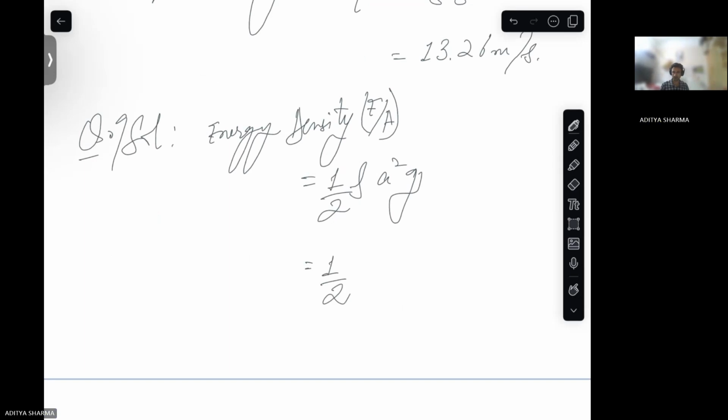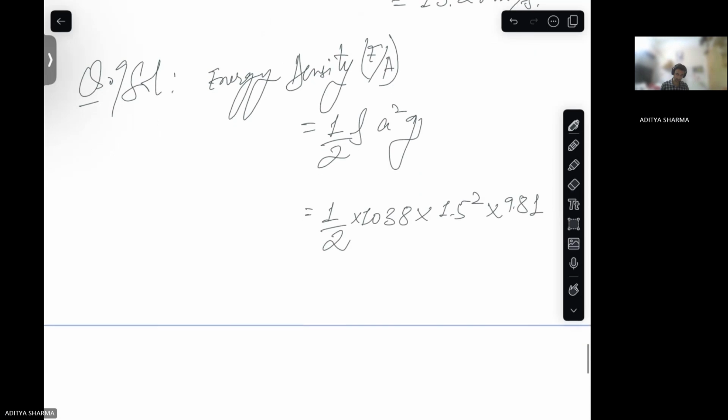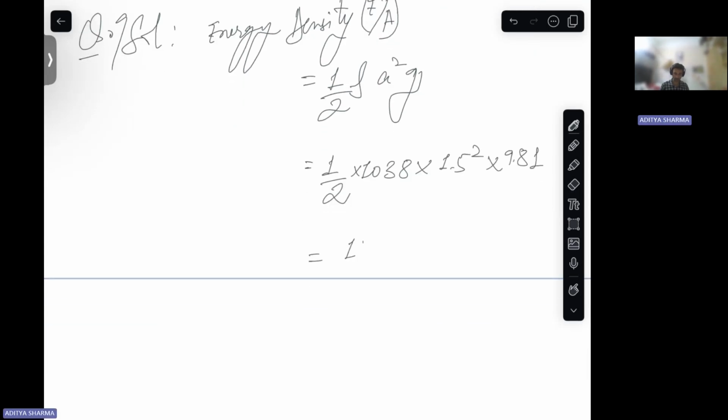What is rho? 1038, 1.5 square, 9.81. Now if you calculate this, this is 11455.62 joule per meter square.